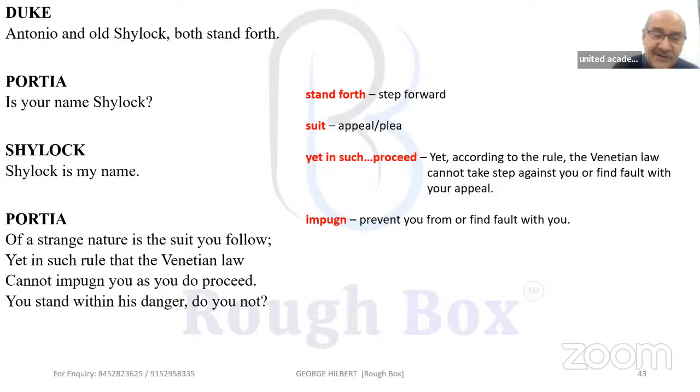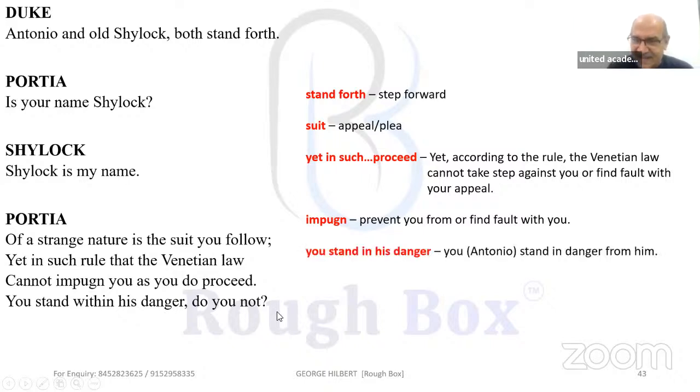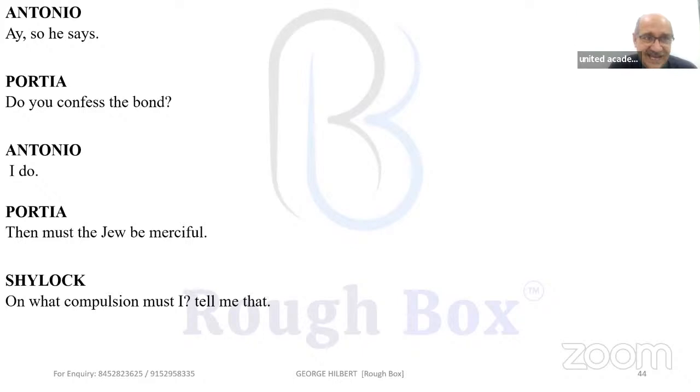Then she turns to Antonio and she mentions the last line to him. You stand within his danger, do you not? You, Antonio, you stand in danger from him? And Antonio says, aye. So he says, yes, that is what he says. And then Portia questions him again.